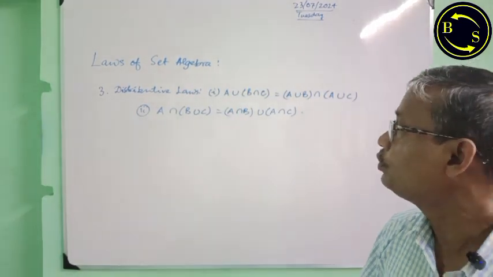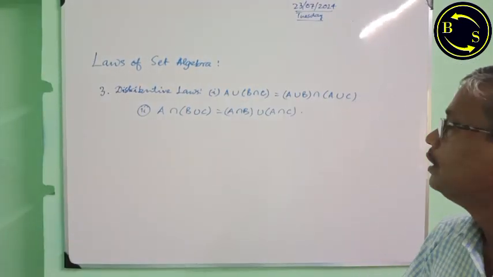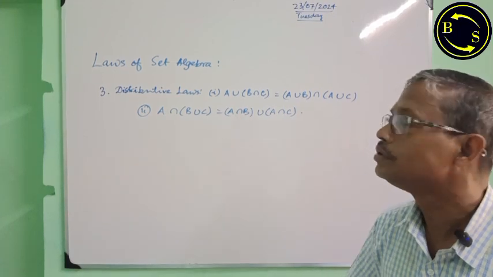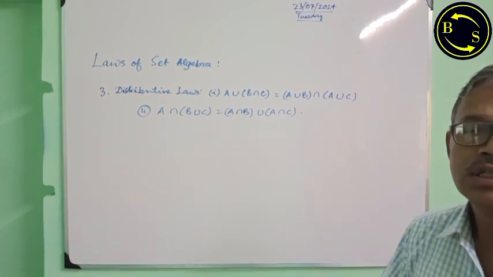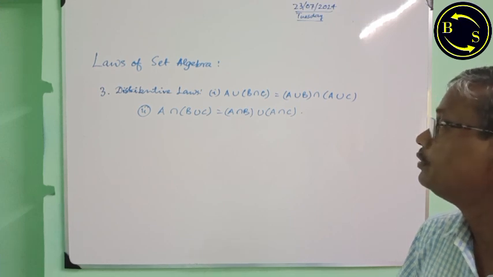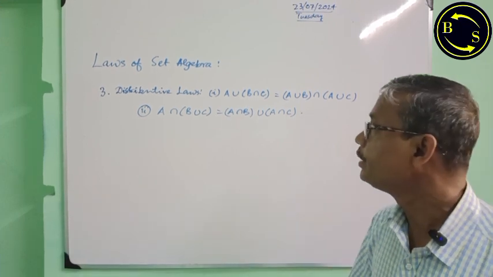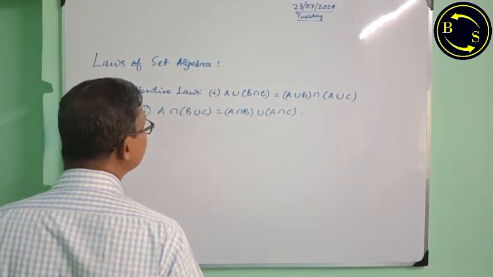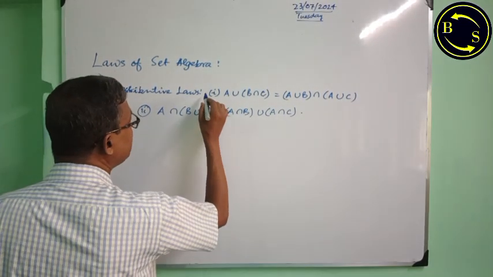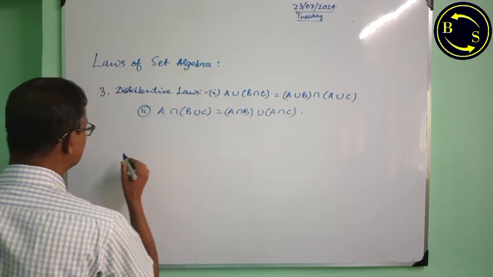Now I am going to verify one of the distributive laws, and also I shall prove one with the help of that theory already I have discussed earlier. I am proving and verifying number one.